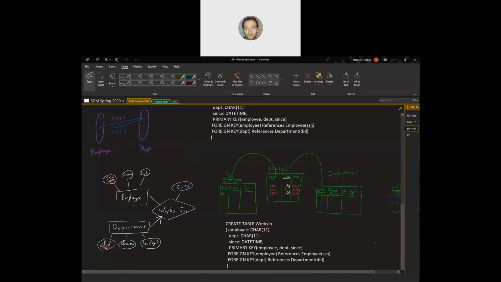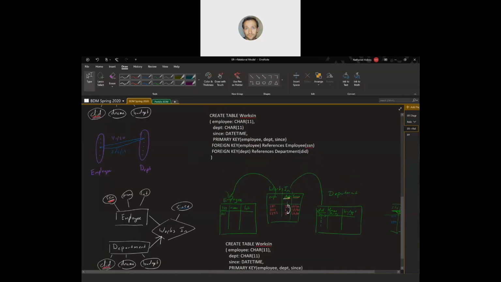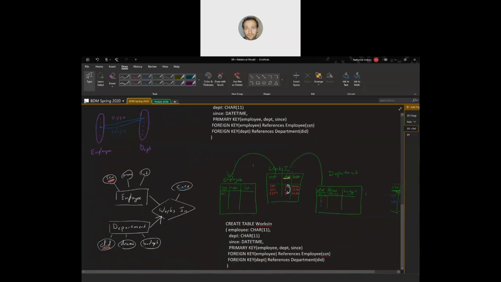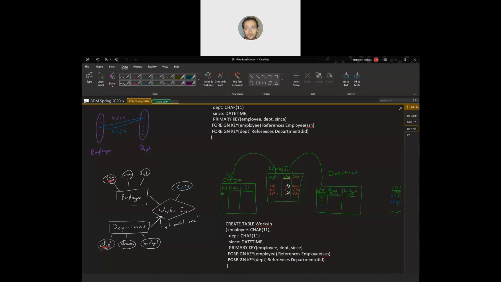So this is one way of doing it here, which is you still have the works in table, just as before, except you just change the key. So this thin arrow means at most one. That is to say that one department has at most one employee. So you can capture this by just making the department, the DID, the key, and not the employee.